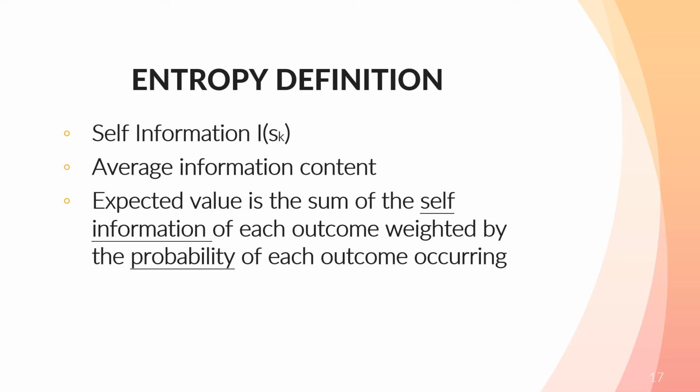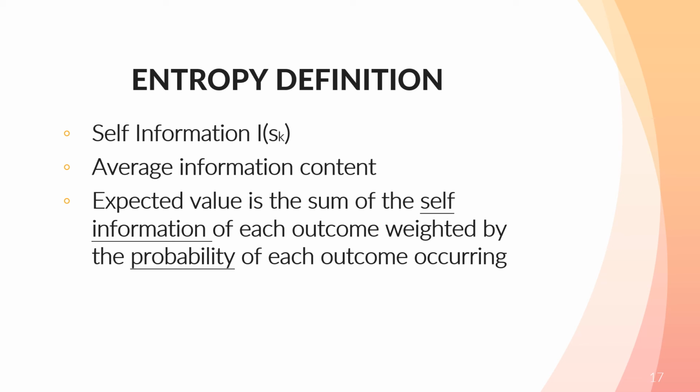Next comes entropy. So far, what we have discussed is self-information, the information contained in a particular event. Now we are going to discuss average information content. That is the expected value, which is the sum of the self-information of each outcome weighted by the probability of each outcome occurring.